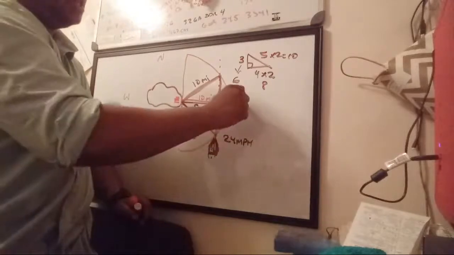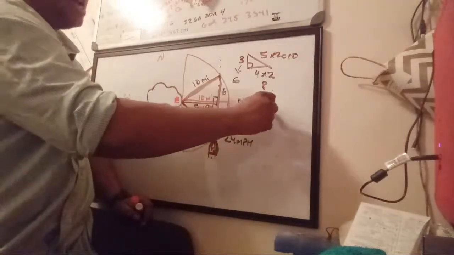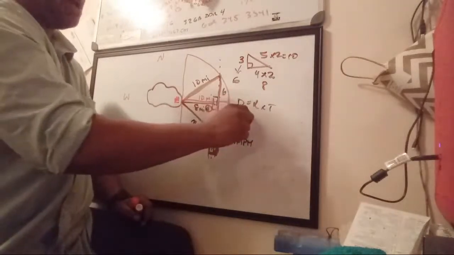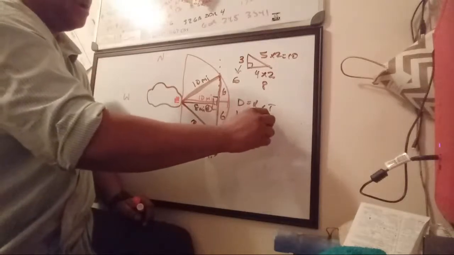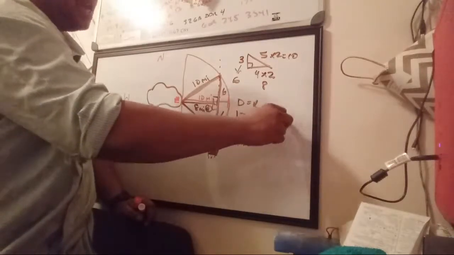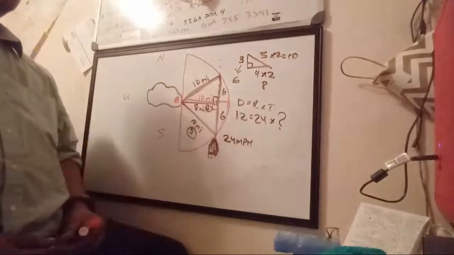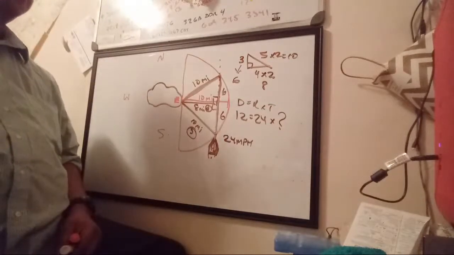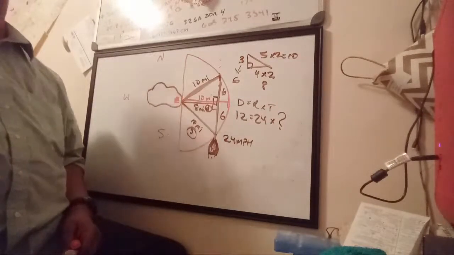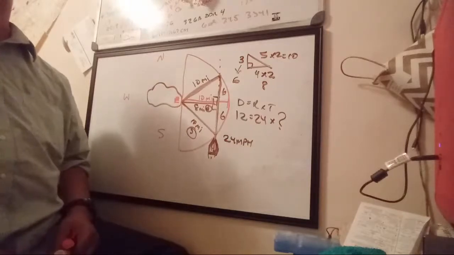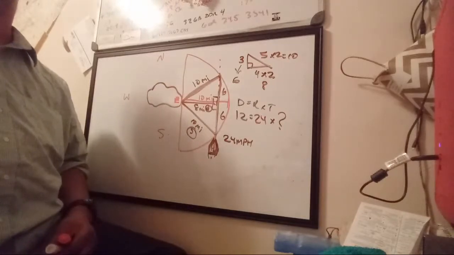So distance equals rate times time. The distance is 12 miles. The rate is 24 miles per hour. Time is the variable or the unknown. How long is it going to be within range of the guns if it's rolling at 24 miles per hour?